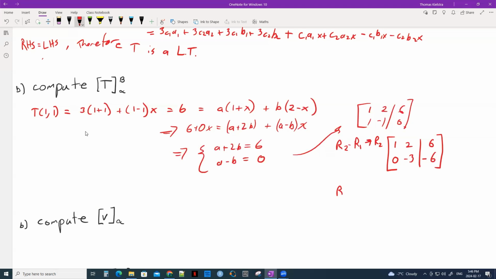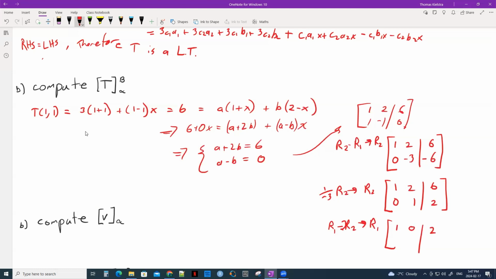We take R2 and multiply by 1 over minus 3, plug it back into R2, and we get 1, 2, 6, 0, 1, 2. And now we take R1 minus 2 R2 and put it back into R1, giving us 1, 0, 2, 0, 1, 2.